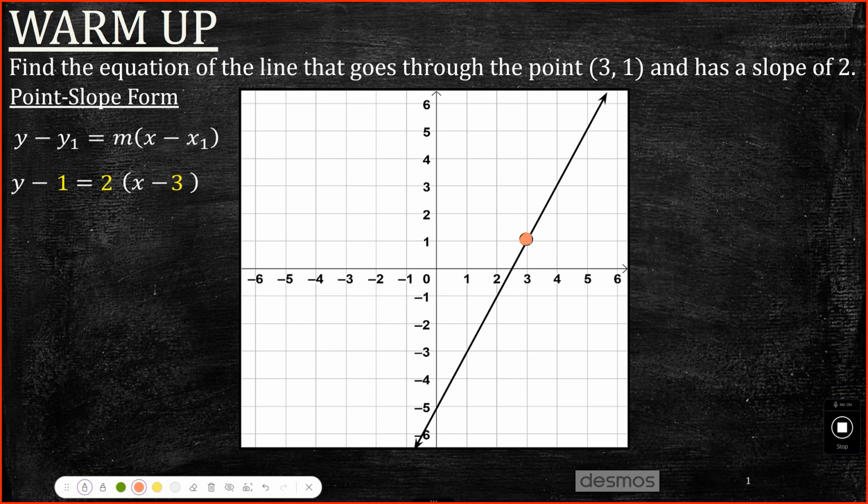Even if I chose this point here, the slope is still going to be the same between these two points. Rise over run is slope. We start down here, going up 1, 2, 3, 4, and then going over 1, 2. 4 over 2 is 2. The slope is constant.